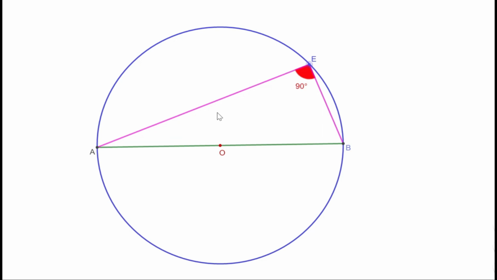That means these two are perpendicular lines drawn from the ends of this diameter, and they meet on this circle. Or if a pair of lines drawn from the ends of a diameter are perpendicular to each other, then they meet on the circle. Now suppose we draw another pair of perpendicular lines from these two ends, then they also meet on this circle.